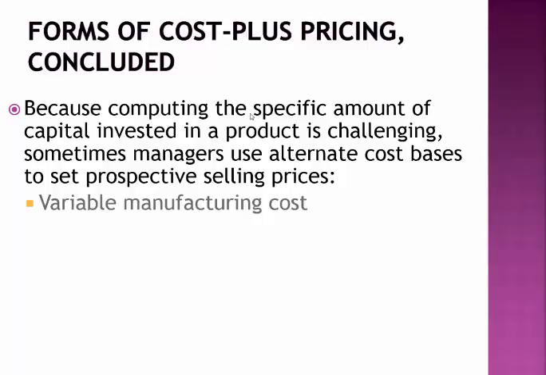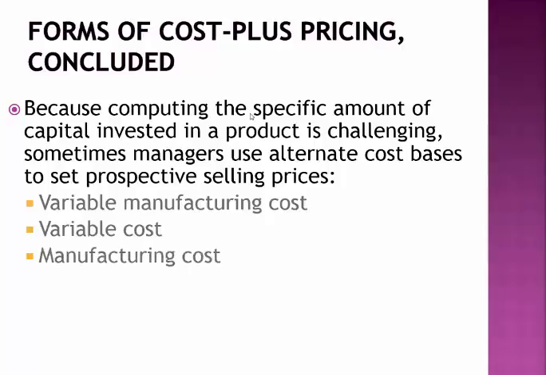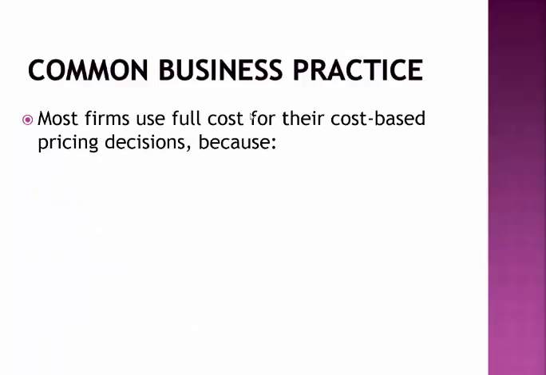We can easily come up with that number, and we can mark it up by a certain percentage. We can use just our variable cost. We could even use all of our manufacturing costs, or again, we could use the full cost of the product. Many times we're using the full cost of the product.